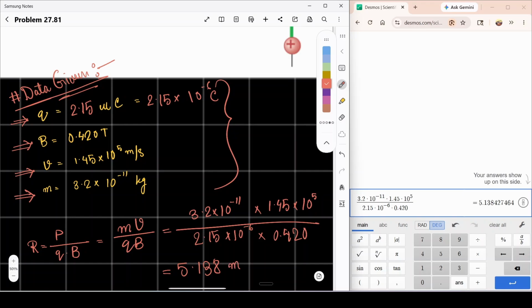So here is the radius of curvature of the curved path. That is option A.